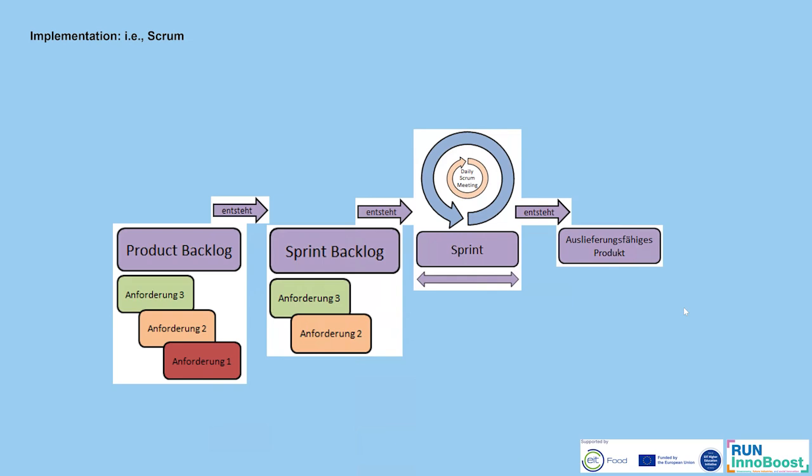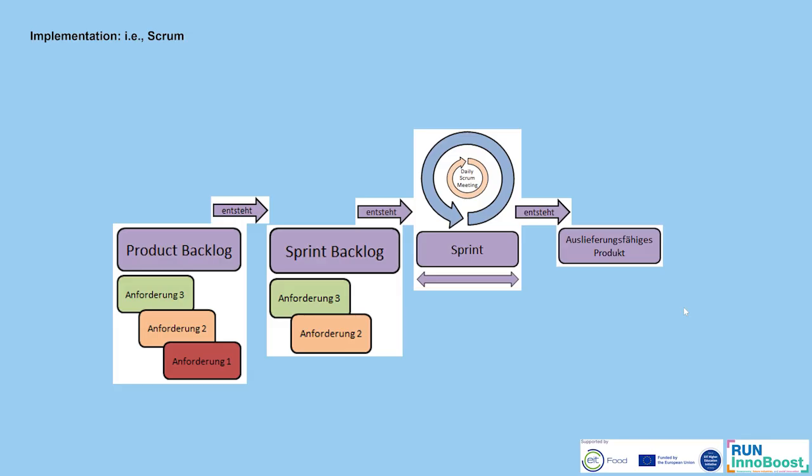In the product backlog, together with the customer, or with the inventor, you are defining the requirements for the idea. So the idea was brought to paper, and then you define the requirements, which are must-haves that this innovation, product, or service needs to have. And out of the product backlog, you are developing the sprint backlog.